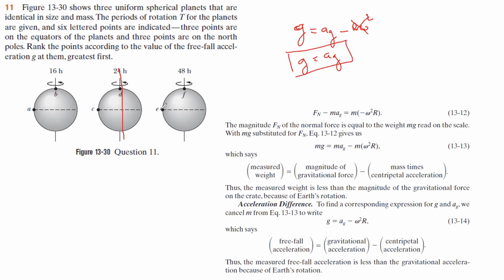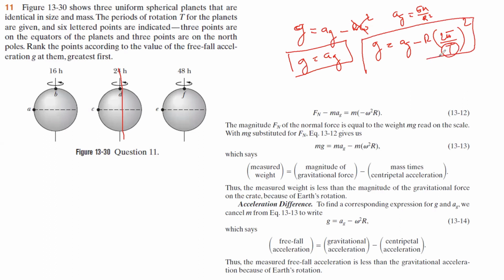Now, when I'm at the equator, now g will be equal to g_g, and you remember what g_g means, it is just GM divided by r squared, minus r omega squared, where omega is 2 pi divided by T, squared. So you see that the period of the rotation now will reduce the free fall acceleration, the measured acceleration. So go through this because this is a very nice problem.